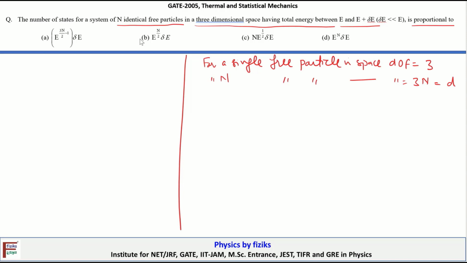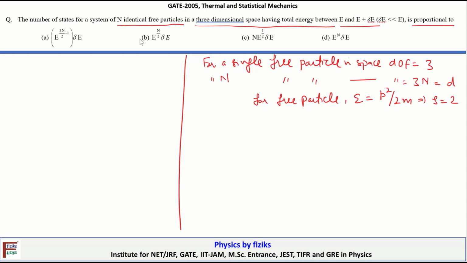Also for a free particle E is equal to p square by 2m. So this implies s is equal to 2. Here s is basically the exponent of p. So the exponent is 2 here.